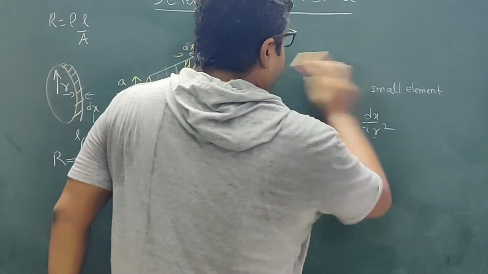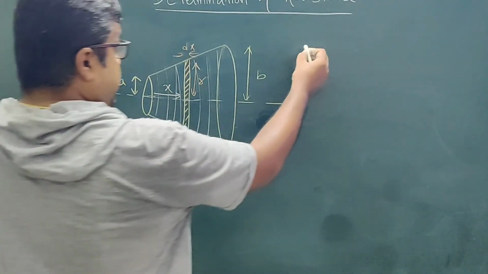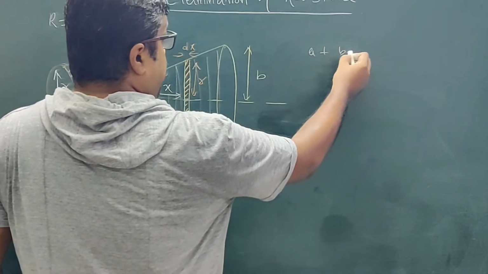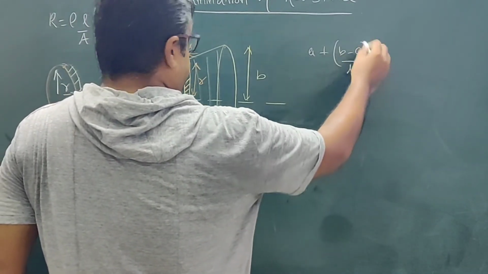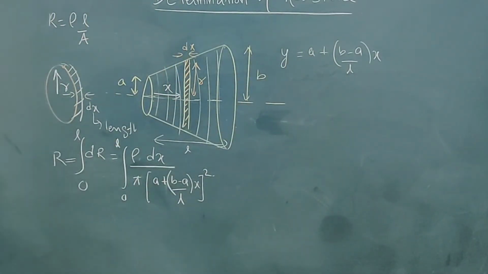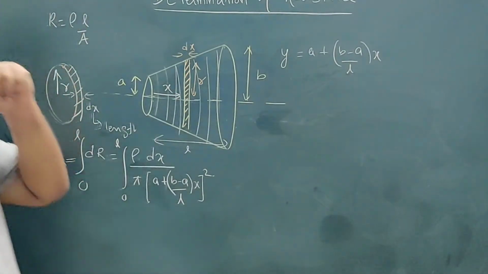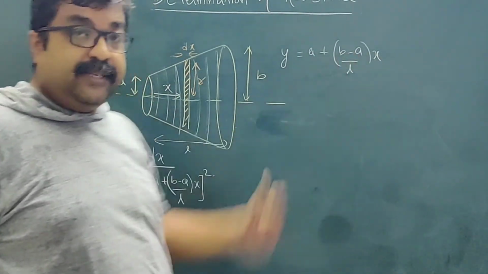Okay, so next step is evaluation of this integral. What we will do, we can replace this A plus (B minus A) by L into x as y. Here A, B are constants, only variables are y and x.